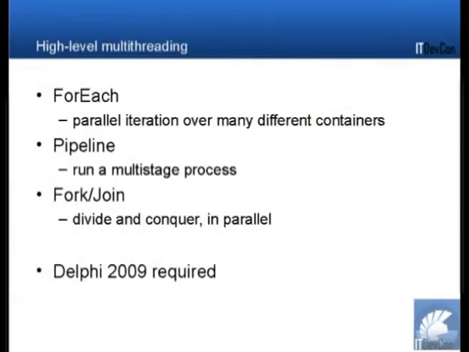Interesting topic, but maybe not very useful, it turns out. Pipeline is very useful in practice. I will spend lots of time talking about it. Basically, it allows you to take a sequential process and do a partial parallelization out of it.